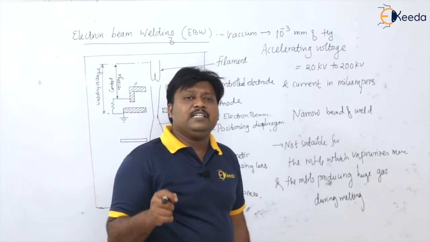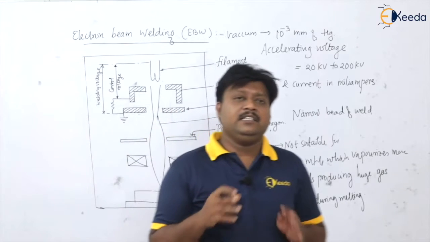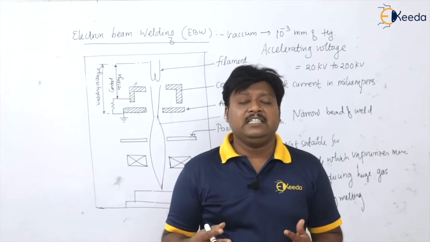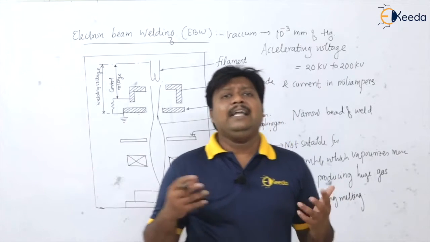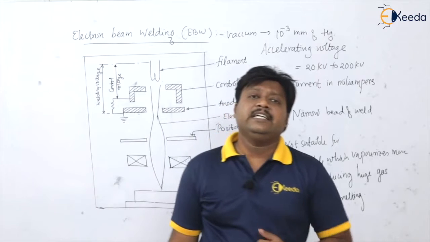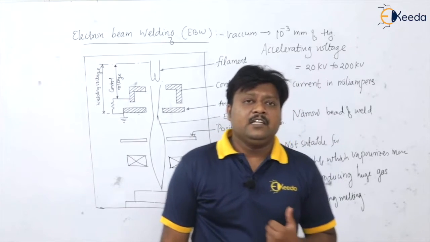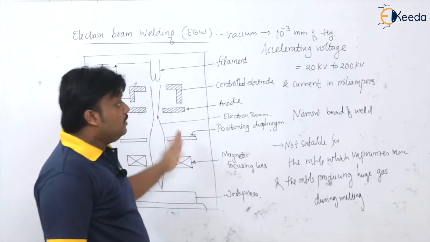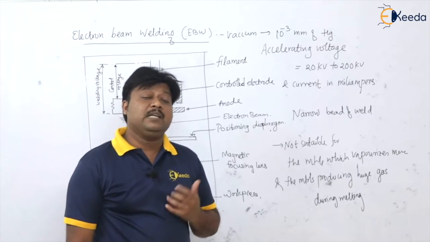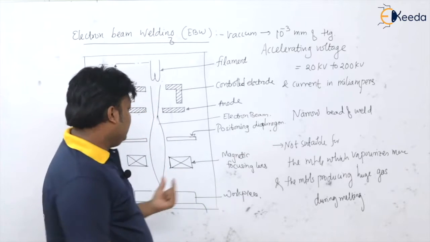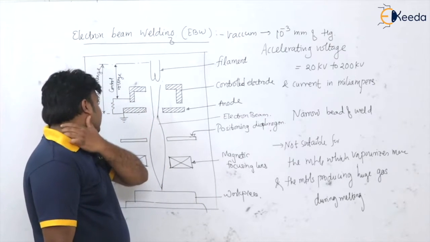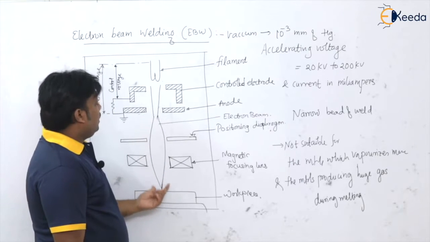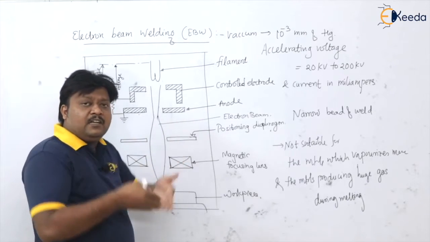So the main advantage of electron beam welding is that materials having higher oxidizing or oxide forming tendencies, like aluminum and magnesium, highly reactive materials, can be easily welded.